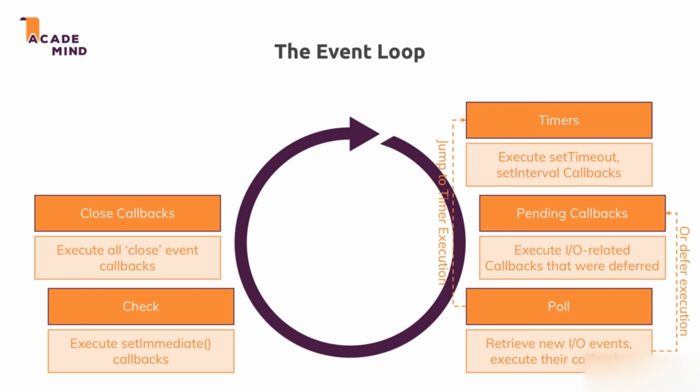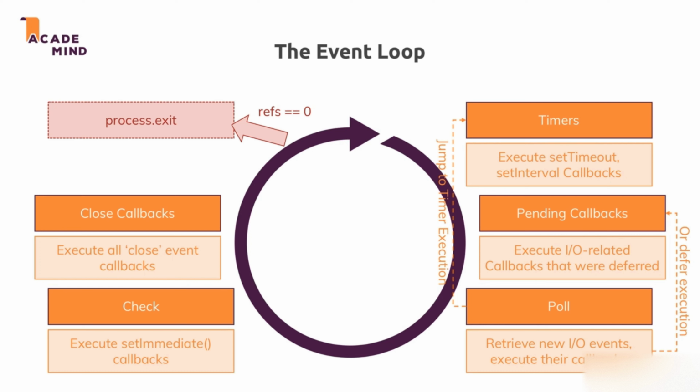So close events are basically handled separately, or their callbacks are handled separately, we should say. Well, and then we might exit the whole Node.js program, but only if there are no remaining event handlers which are registered. That is what I mean with this refs equal null thing here. Internally, Node.js keeps track of its open event listeners, and it basically has a counter, references or refs, which it increments by 1 for every new callback that is registered, every new event listener that is registered, so every new future work it has to do, you could say, and it reduces that counter by 1 for every event listener that it doesn't need anymore, every callback it finished.